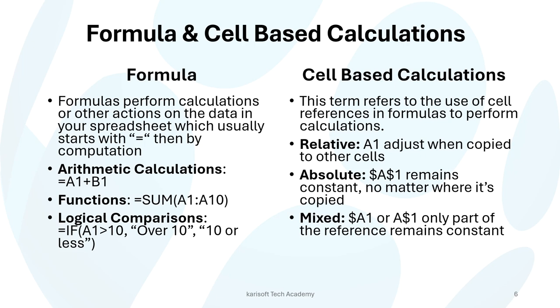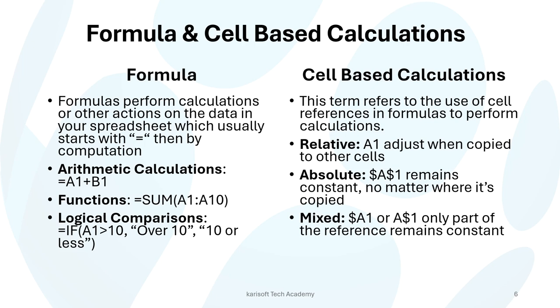For cell-based calculations, we need to please understand this, and I love this part. It refers to the use of cell references in formulas to perform certain calculations. So when you see A1, for example, if you now decide to copy it down, drag it down, I'll show you some examples shortly, it adjusts when copied. The value in A1, once you drag it down, adjusts and continues.